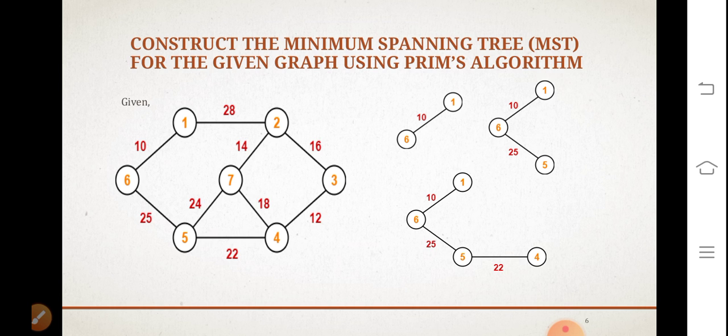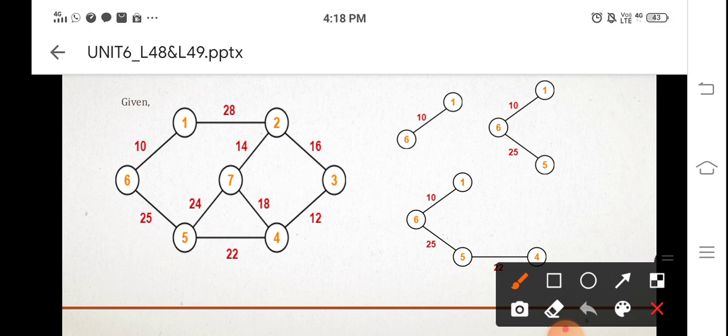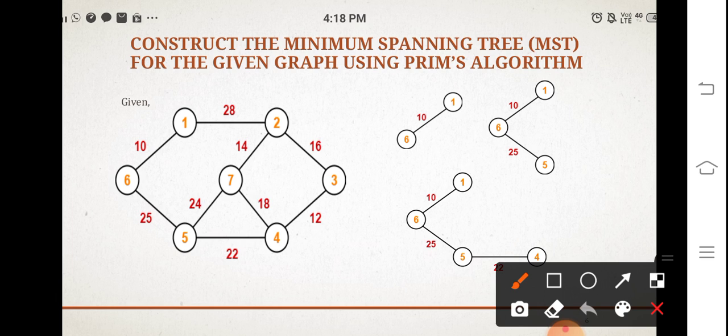Then construct the minimum spanning tree, that is MST, for the given graph using Prim's algorithm. So this is the given graph. Then we have to identify which is the minimum edge, which is the edge having the least value.